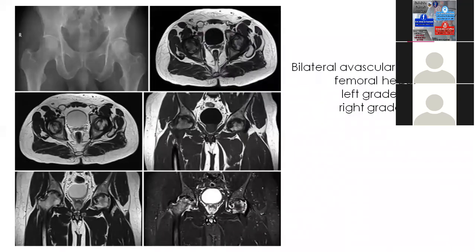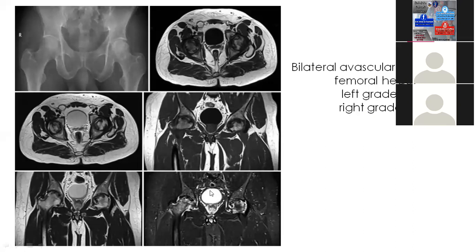This is another example and photos for avascular necrosis. It is the plain X-rays. You can see some changes in the femoral head, but I think the left one is more affected than the right, and it is so obvious. In T1, the urinary bladder is black, and this is T2 and gradient, which some machines call it like that.